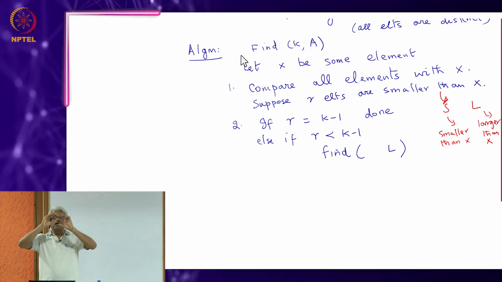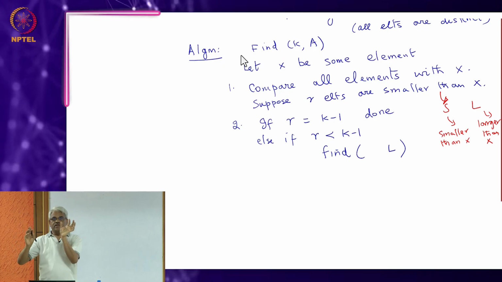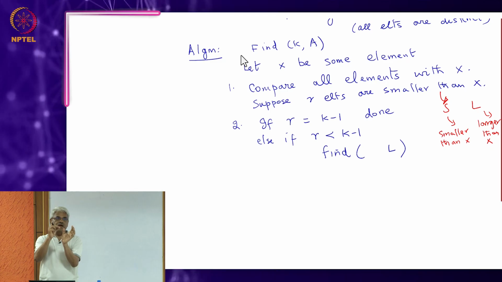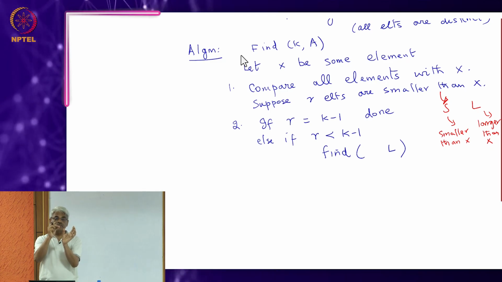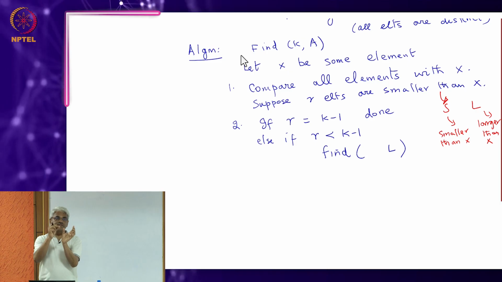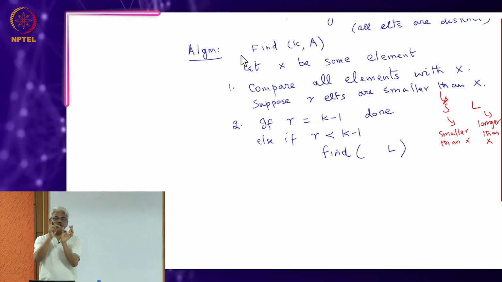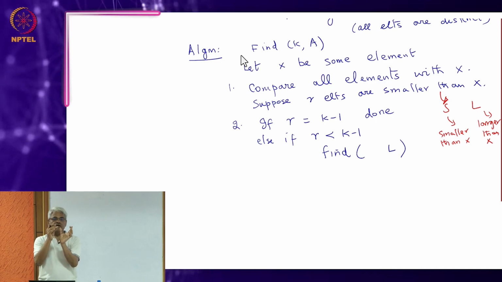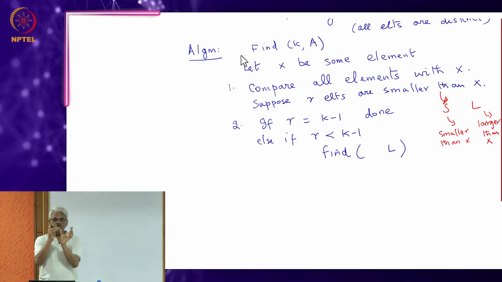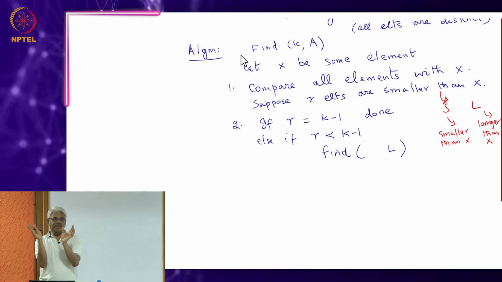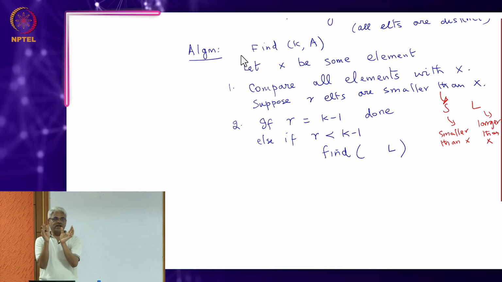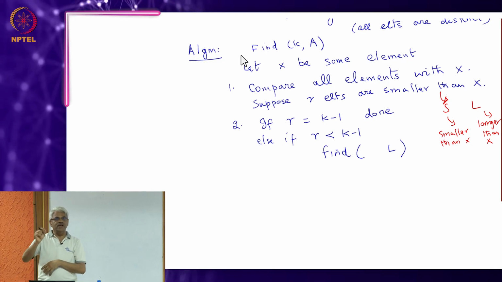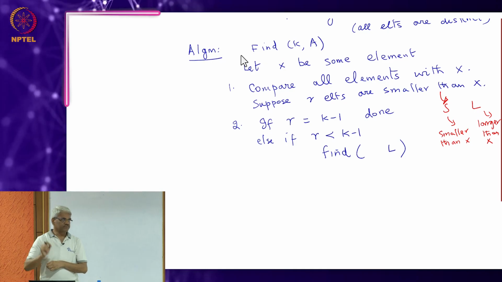So what she's saying is, you've done this partitioning. There are some r elements to the left of x, and r happens to be smaller than k minus 1. I am looking for the kth smallest element. So you take that r and add this one and it's still less than k. Now in the right hand side, which is the larger element list, my new task is to find an element whose rank is k minus r.